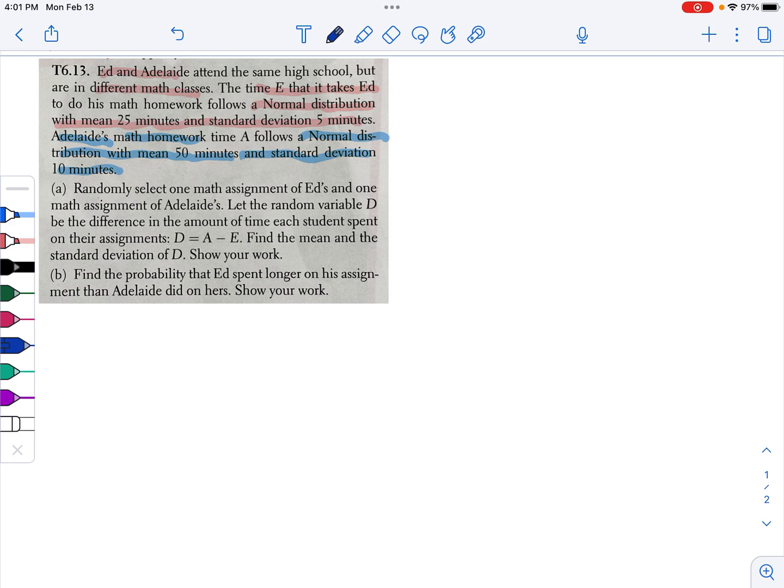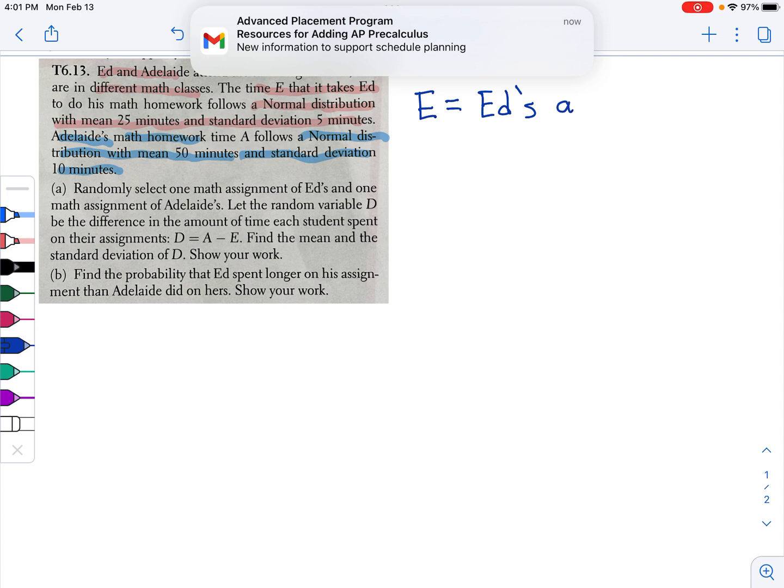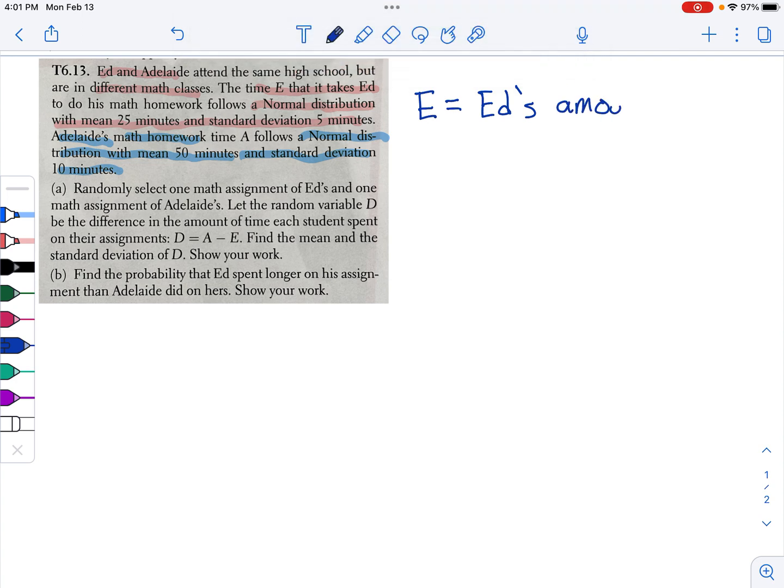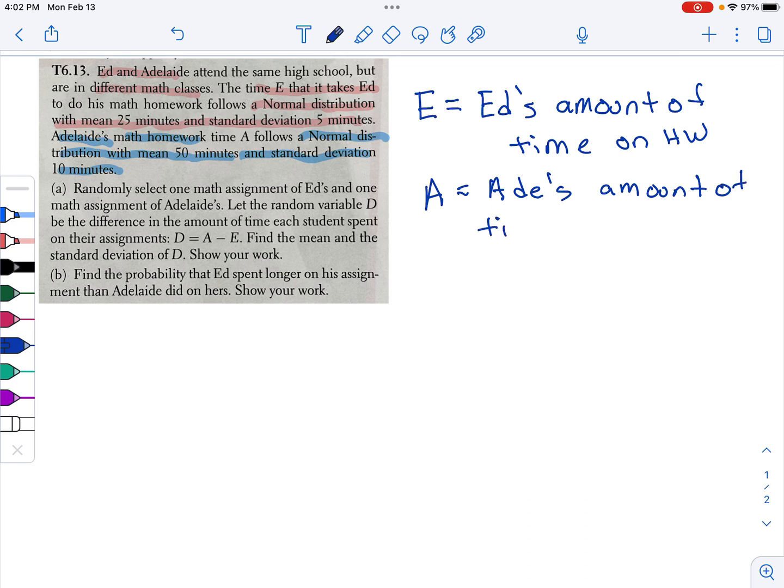You want to make sure that you know that the random variable E is Ed's amount of time on homework, and Adele, we're just going to call her Addie, her amount of time on homework.